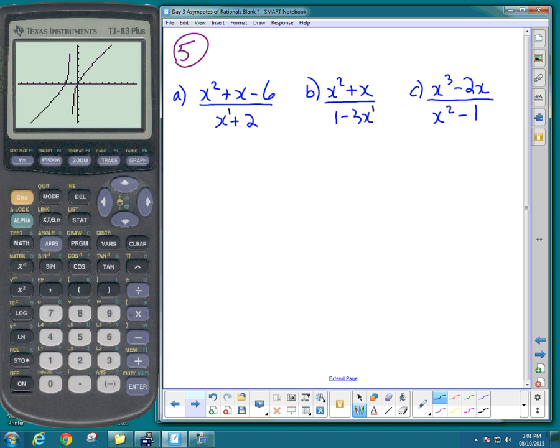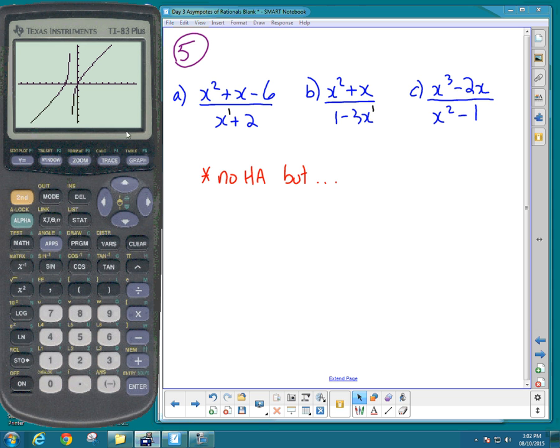So there's 3 and 2. So we already know there's no horizontal asymptote. That's the first thing. But I want you to pause the video and look at these, and you should be able to see more oblique asymptotes. Okay? So we'll pause it and see those.